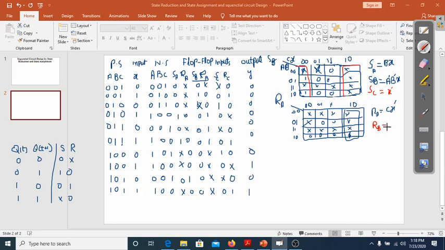In its simplified form, you will get BC plus BX. And similarly for RC.